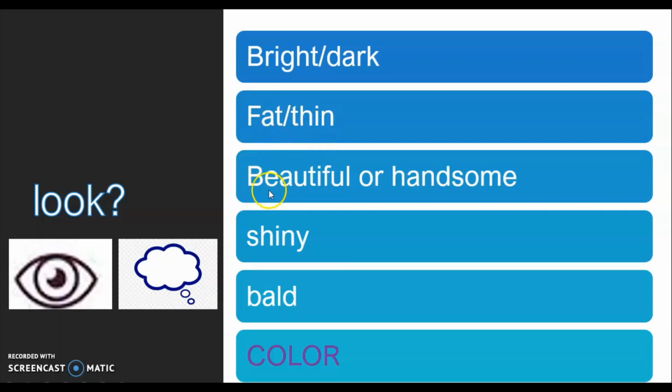You might say that it's beautiful or handsome. These two are actually examples of something that you might think, because what's beautiful to one person might not be beautiful to someone else. But again, it's something you could see. You might talk about how something is shiny. You might describe how a noun or person is bald, or you might even mention color.